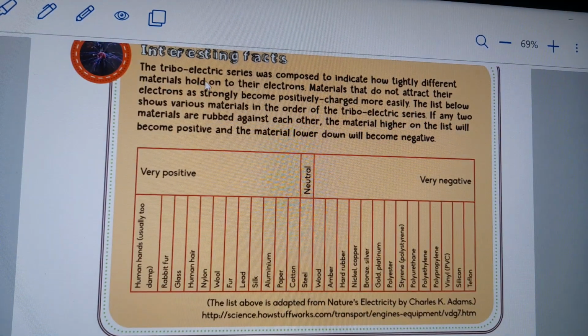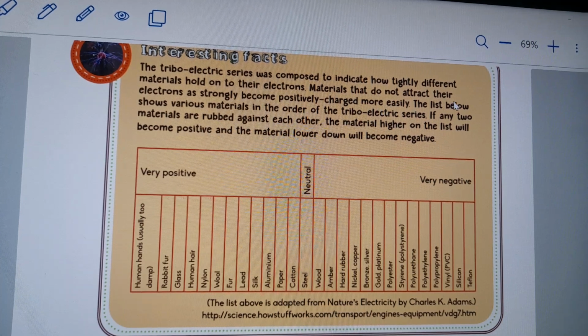They say the triboelectric series was composed to indicate how tightly different materials hold on to their electrons. Okay, this is the triboelectric series, and it is used to indicate how tightly different materials hold onto their electrons.